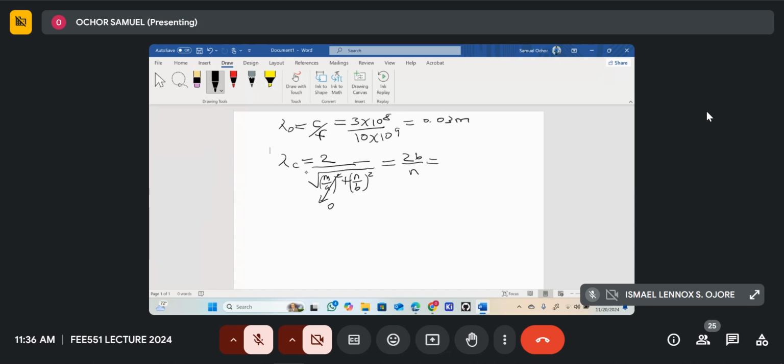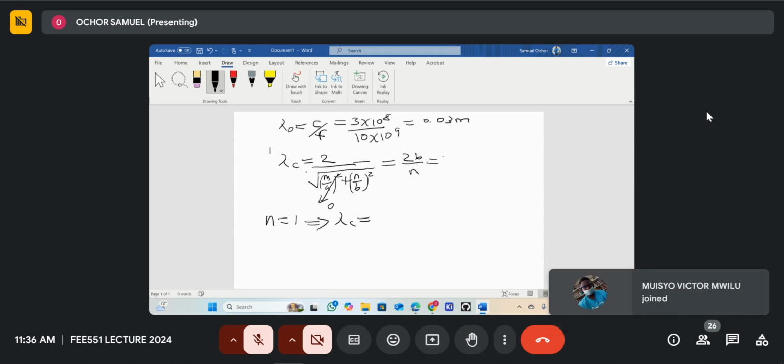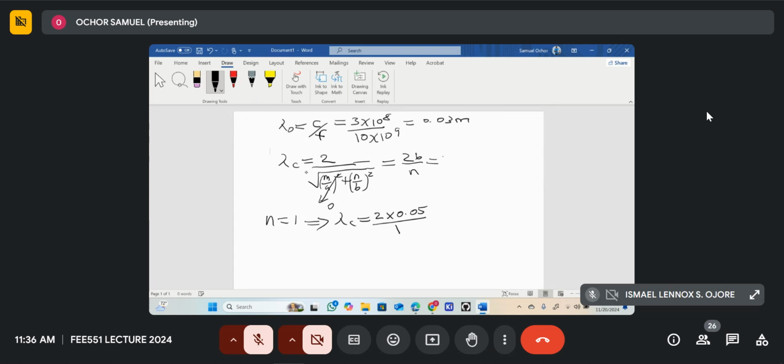So we should now substitute the values. For n is 1, lambda c is given by 2 times the separation, 0.05 meters, over n, which is 1. That gives you 0.1. And then we go for n is 2.